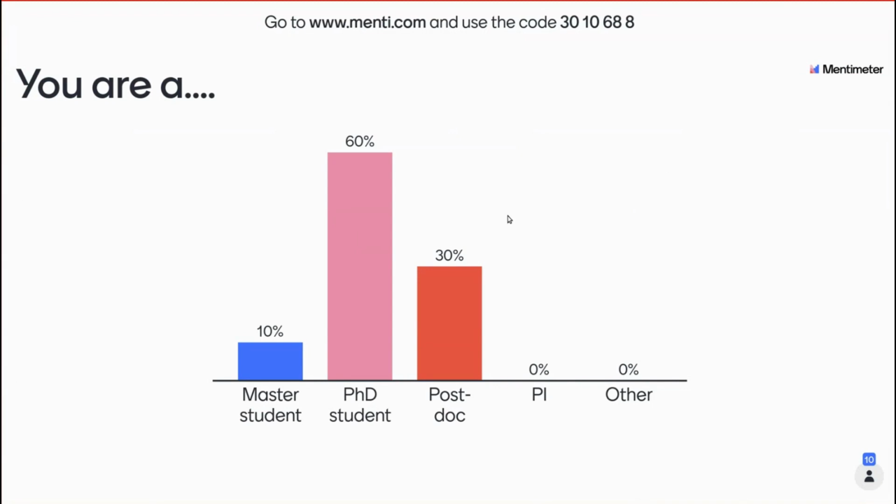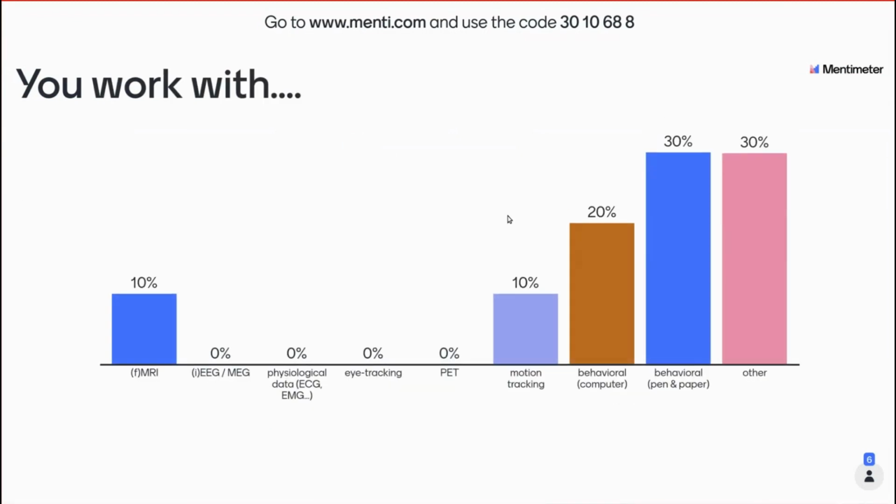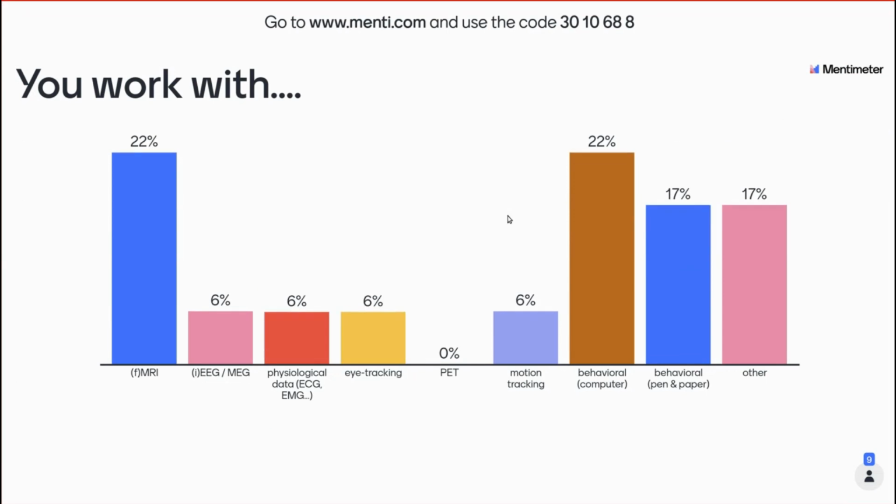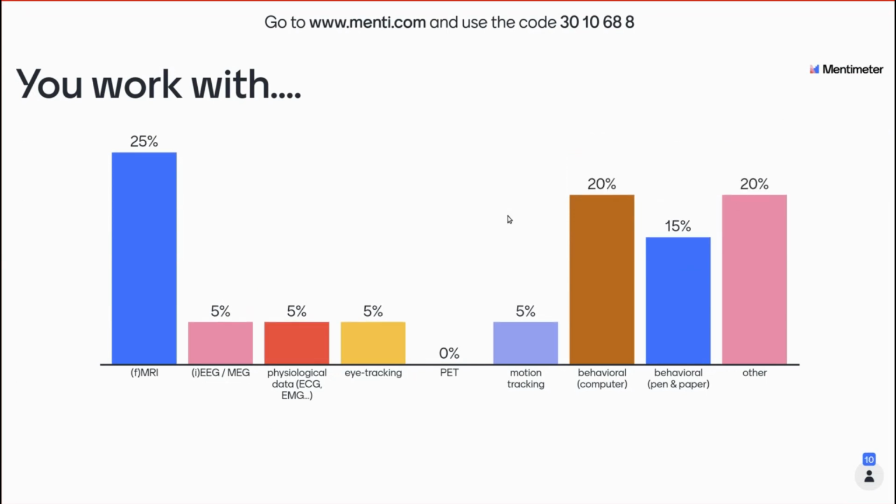I think we've got about 30 people. On the next slide, you can also answer which type of data you use, and you can click several responses, just to get an idea of what you deal with every day.